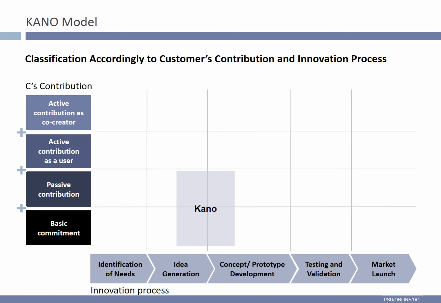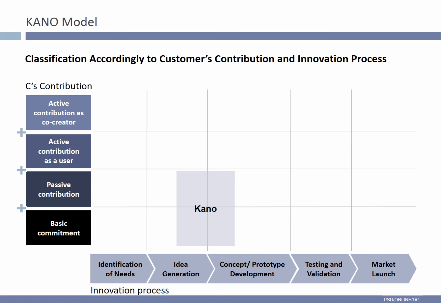You can usually ask these kinds of questions to Joe and Jane average. All the customers with basic commitment and passive contributors are great for asking what they think about your features and about classifying them into these three categories. You are only interested in those Joe and Jane average customers because you want to know the broad market picture. You want to know your entire customer base so that you can design the product that is most attractive for the masses.